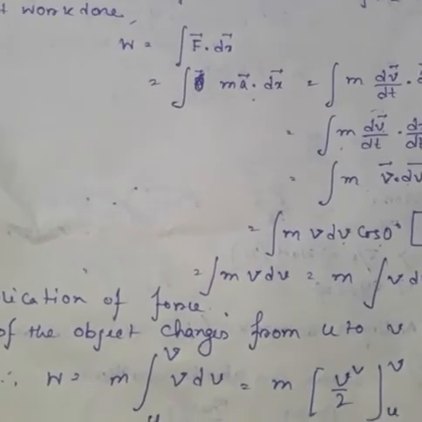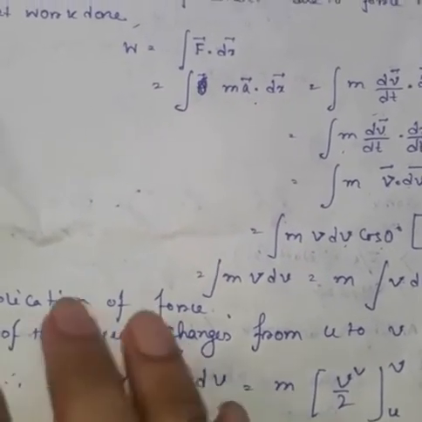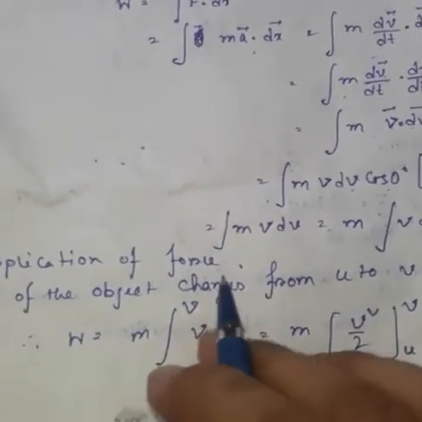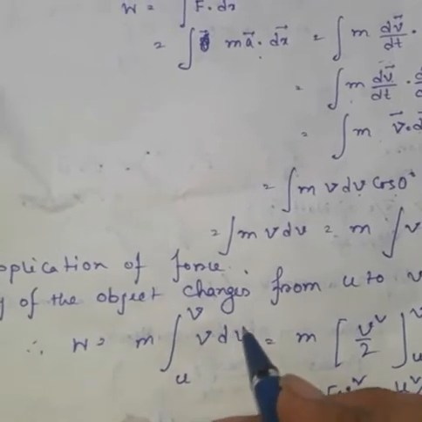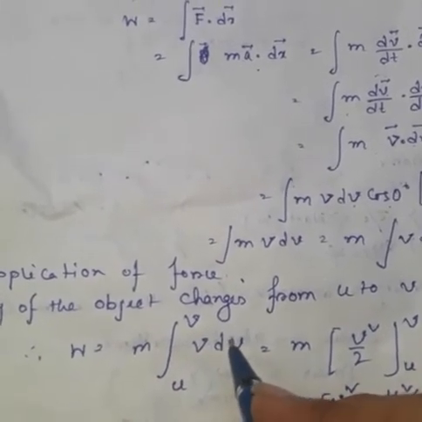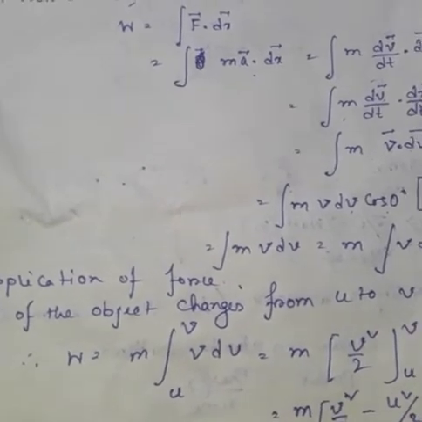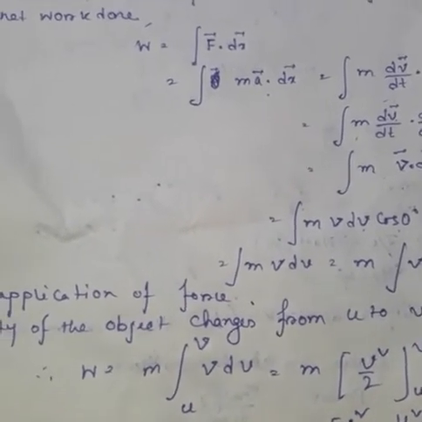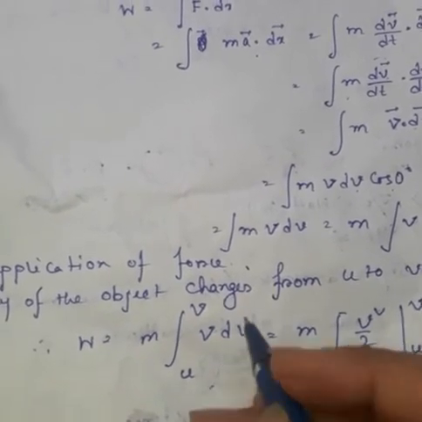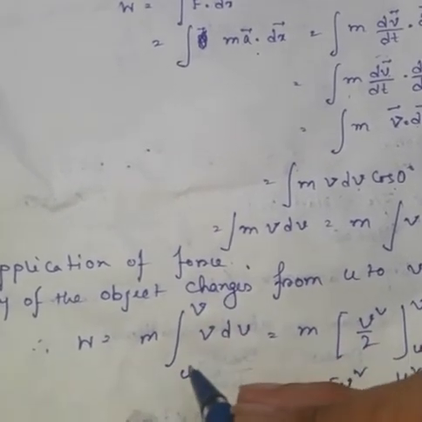So the object has a change in velocity from u to v. So now W will be m times the integration of v dv. That shows the change of velocity that you have to integrate. From where to where? The object had velocity u initially, now it has velocity v, so you have to integrate from u to v.